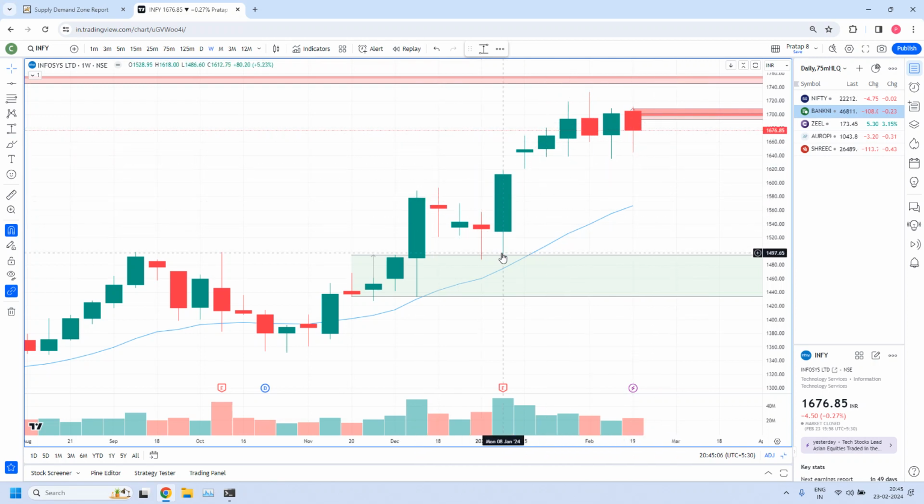But with the correction, if prices are coming to the EMA line, then we will get a trading opportunity if there is a demand zone. If you don't find one, we will go to the lower time frame and draw a demand zone near this EMA line. That means a lower time frame demand zone is having higher time frame EMA confluence. That is acceptable.